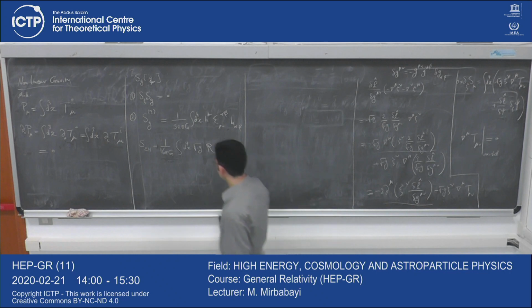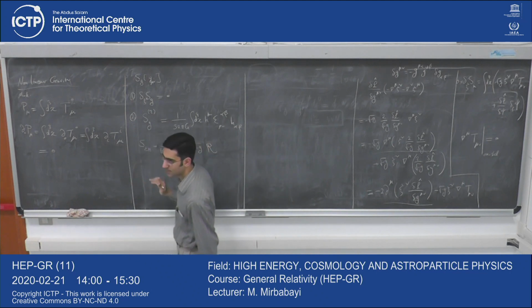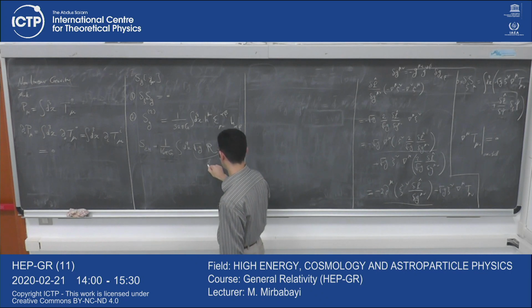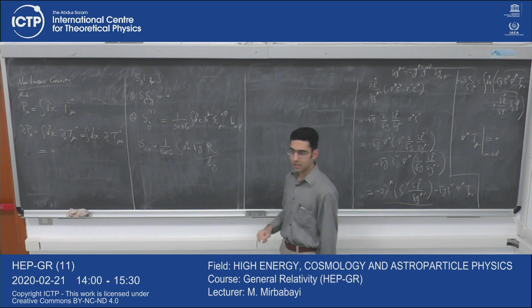Now, this action that we wrote here, which is generally covariant, now we can follow similar steps. You should think of this as an L hat G, which only depends on the metric.